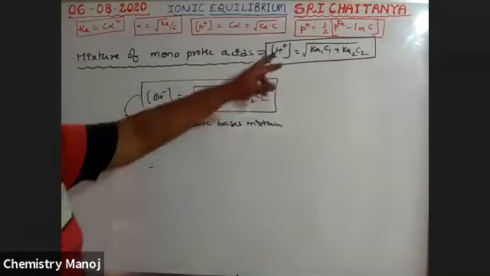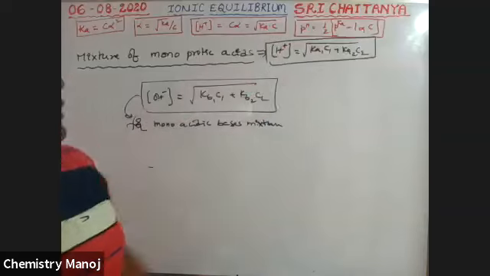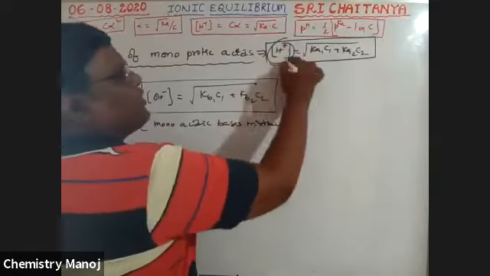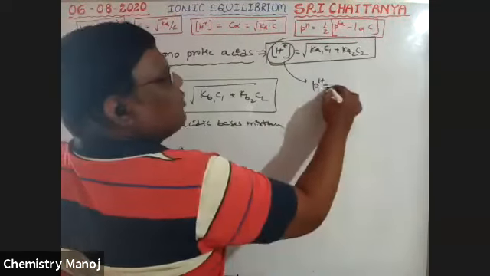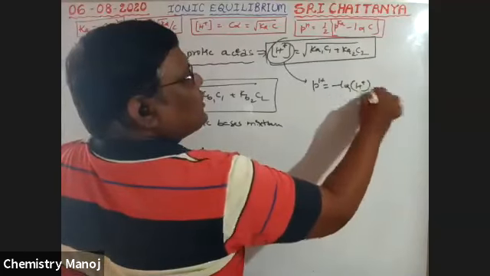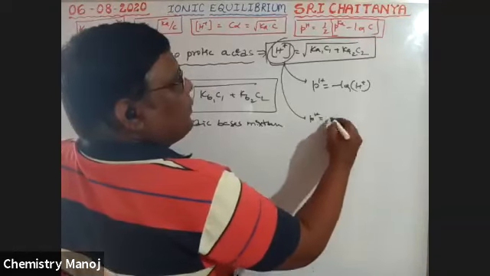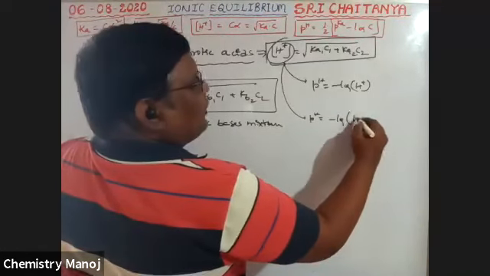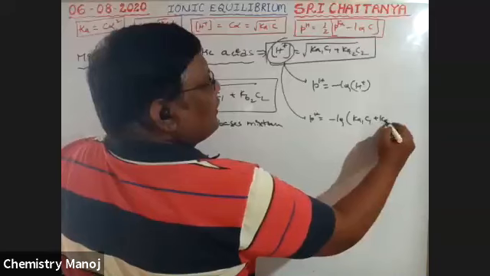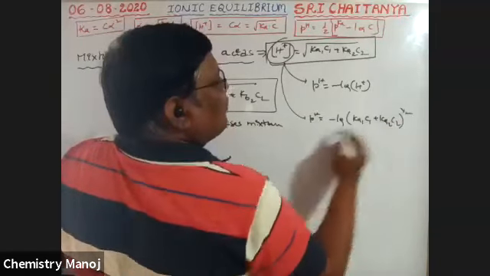So by using this H plus concentration, you should calculate pH. If you calculate pH, pH is equal to minus log H plus concentration. So that implies pH is equal to minus log (Ka1 C1 plus Ka2 C2) whole power 1 by 2.